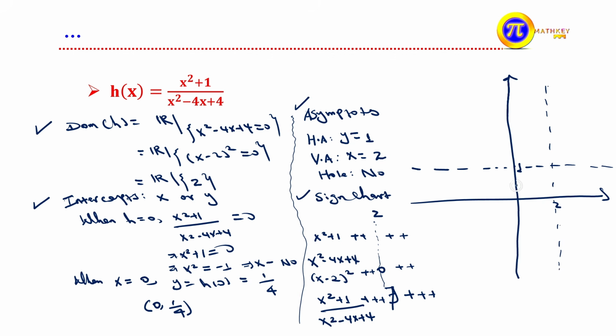What's next? Is there any hole? We don't have any hole. At the left of 2, what did we say?